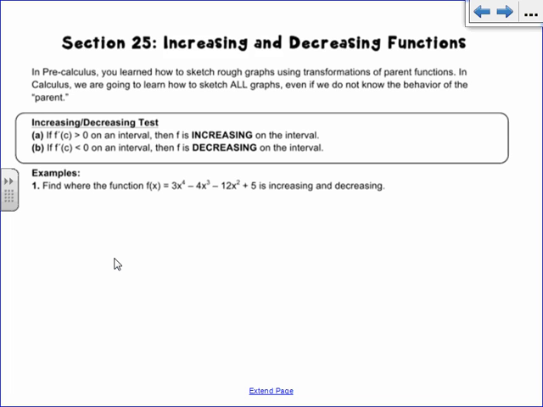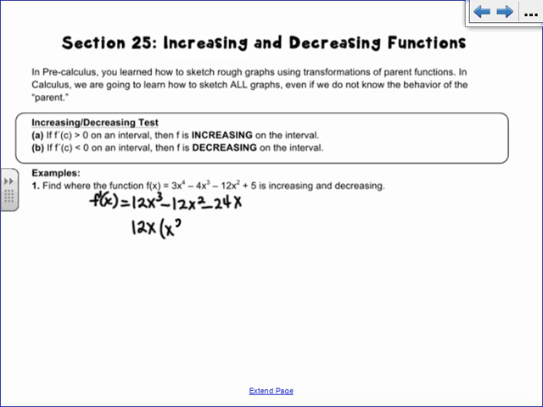Okay, so number 1 says find where the function is increasing and decreasing. So if we find the first derivative, we have 12x cubed minus 12x squared minus 24x. All right, and we can pull out a common factor of 12x.